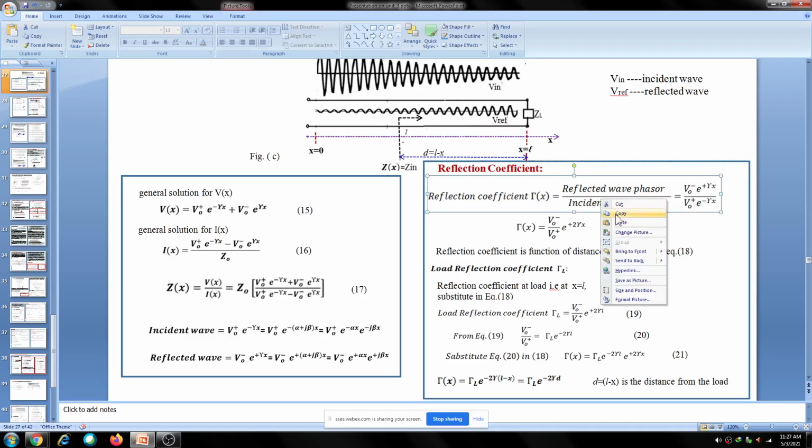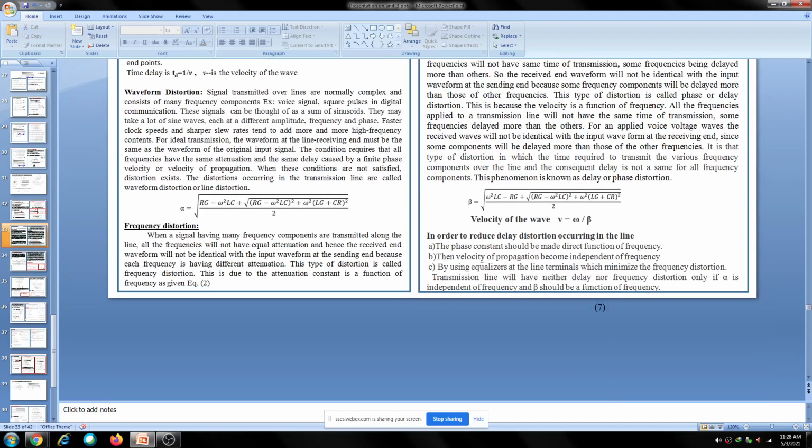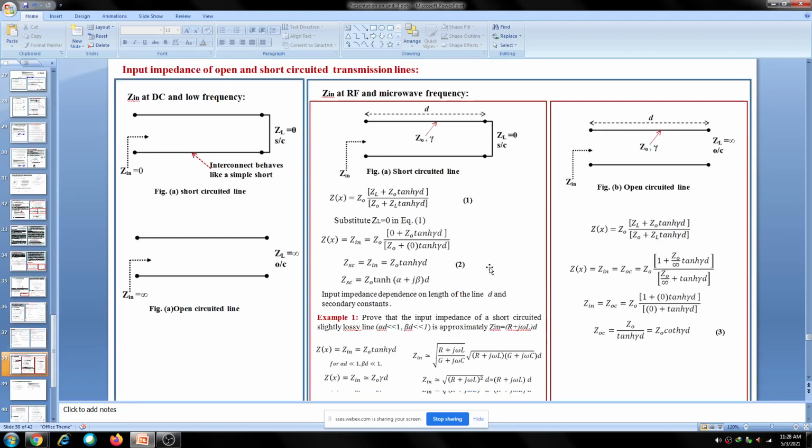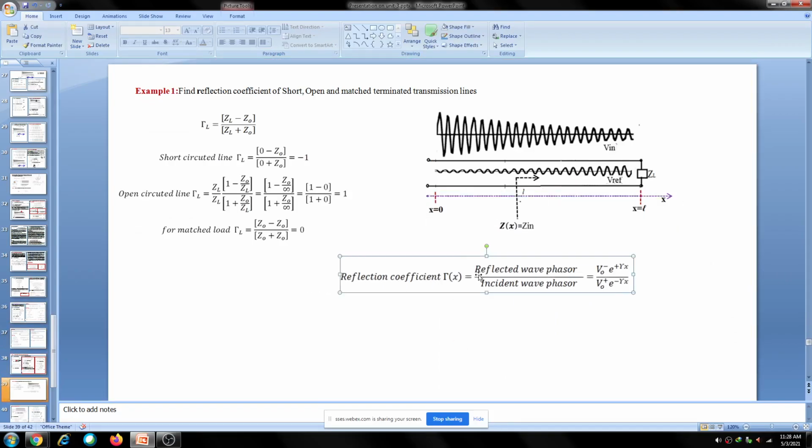See this from this equation: the reflected wave phasor divided by the incident phasor is minus 1. Minus 1 means the reflected wave has the same amplitude as the incident wave, but its phase is 180 degrees with respect to the incident wave.